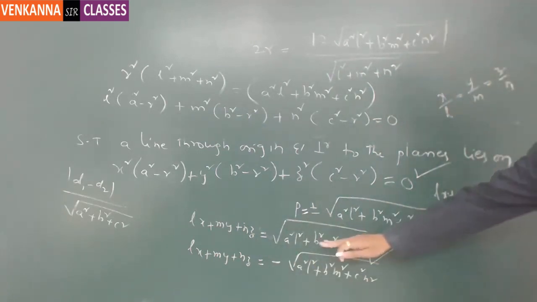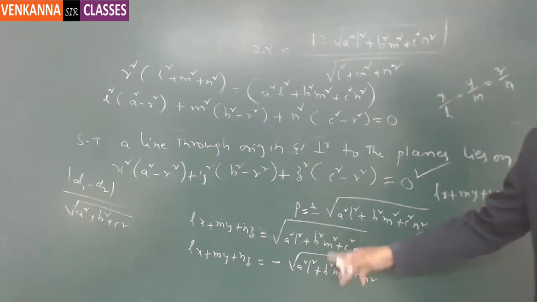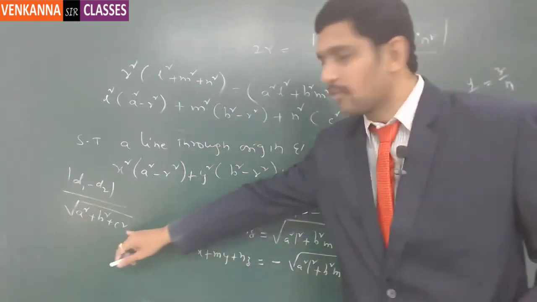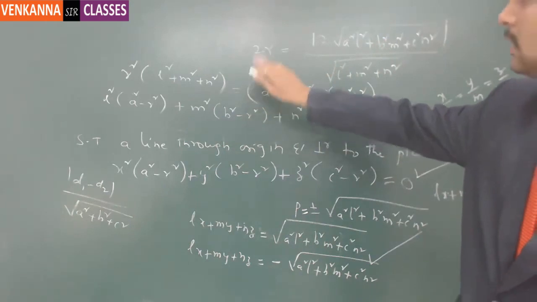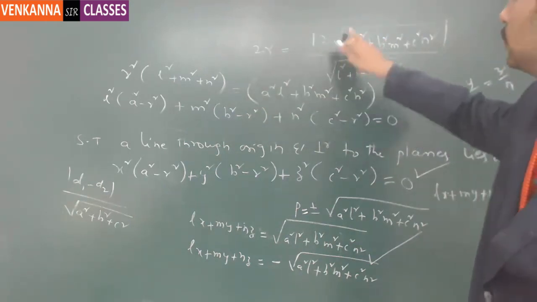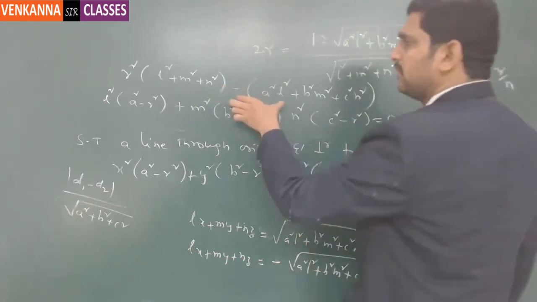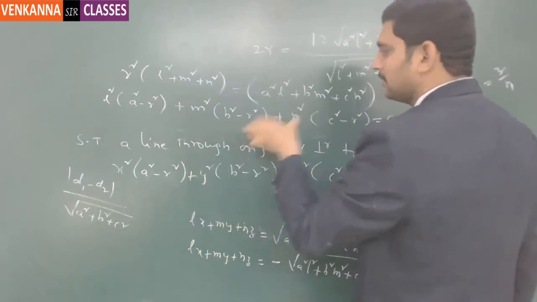That is part 1. Part 2, since the planes are parallel, I have calculated the distance between the parallel planes using the formula. It is given that the distance is 2r, so 2r is equal to the distance between the parallel planes. If you simplify this, this is the locus satisfied by l, m, n.